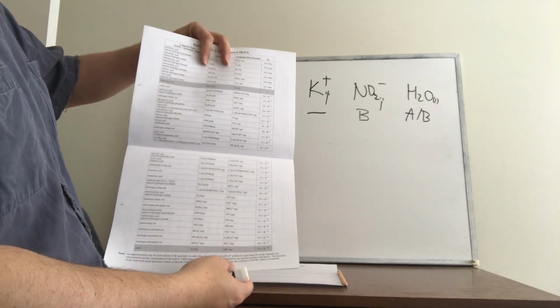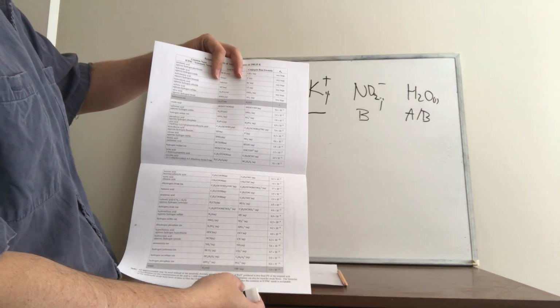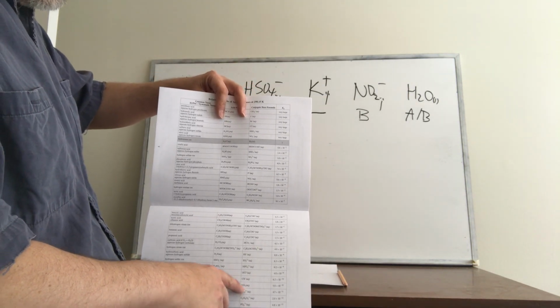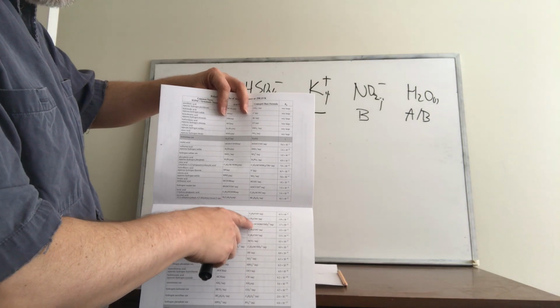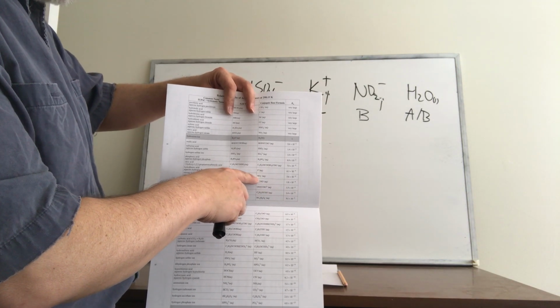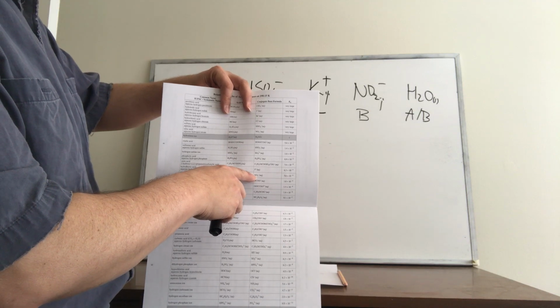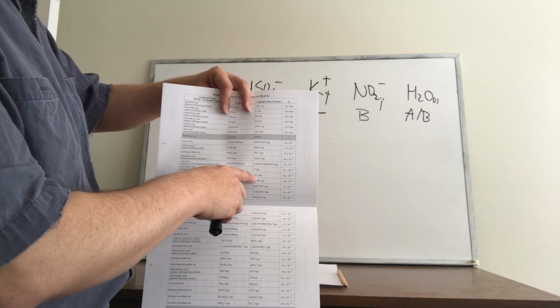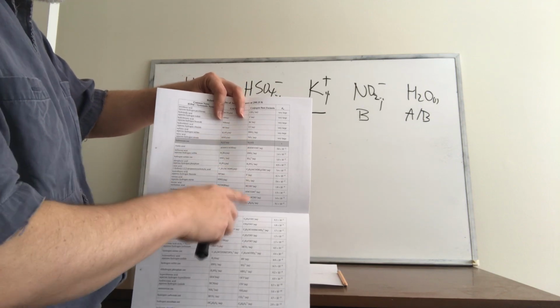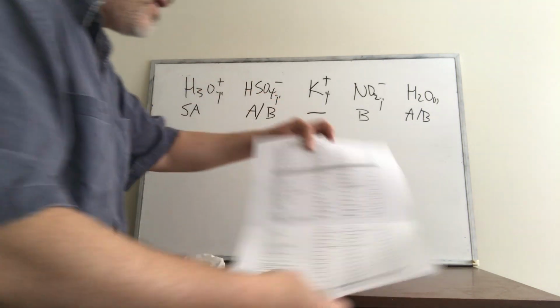Now, I start at the bottom and work my way up to find my strongest base. I keep working my way up, and oh, here we go, nitrite, NO2 1-. So it's my strongest base present. The other 2 bases, water and HSO4 1-, are weaker than nitrite, so nitrite is my strongest base present.